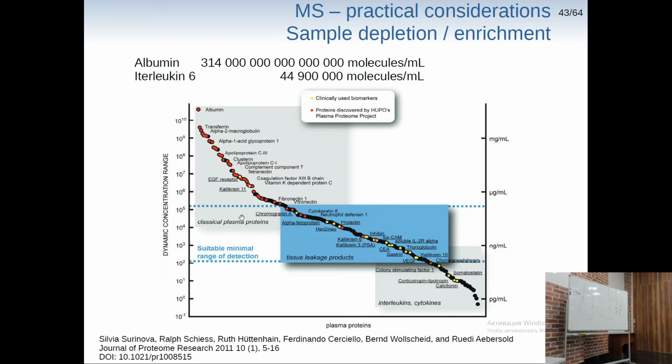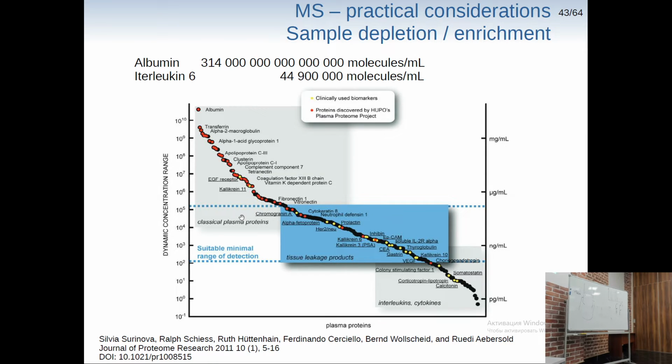And just to get to the end of this lecture, we have to have some practical considerations on sample depletion, and also we have to discuss so-called data-independent analysis, which allows us to quantify our samples and the concentrations of proteins.